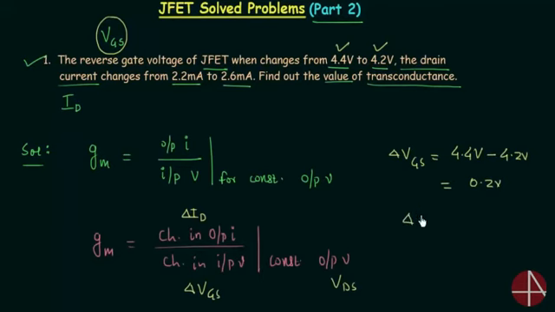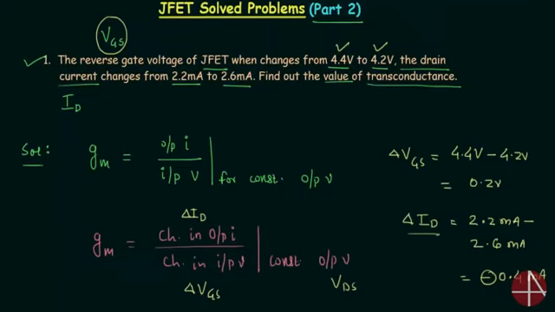So delta ID, the change in drain current, is 2.2 milliamp minus 2.6 milliamp, which is minus 0.4 milliamp. We don't have to take this negative sign because we want the magnitude, so the change is equal to 0.4 milliamp.